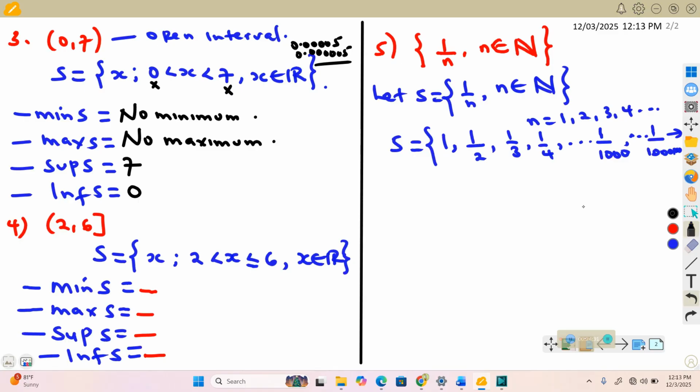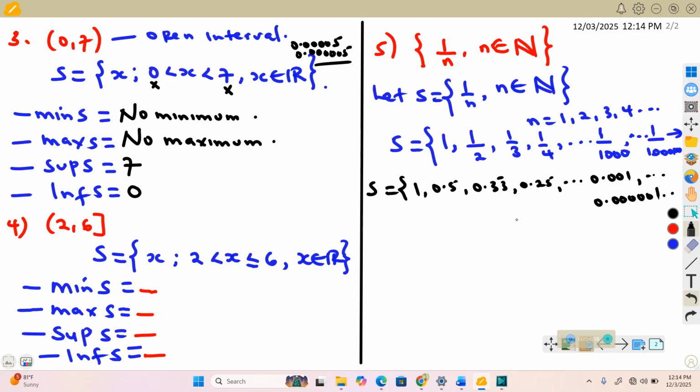The first element is 1, then 0.5, 0.33, 0.25, and it keeps on reducing. This is 0.001. The next one is 0.000001, and it continues in that way.